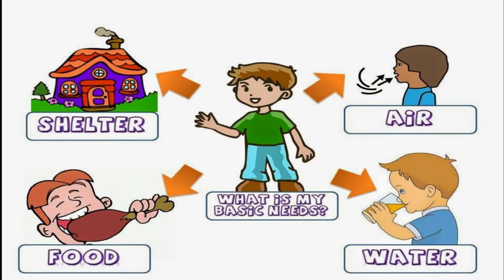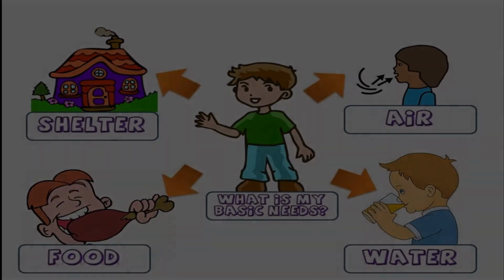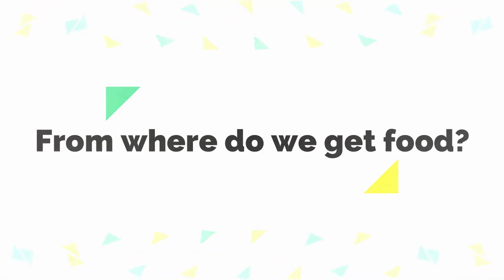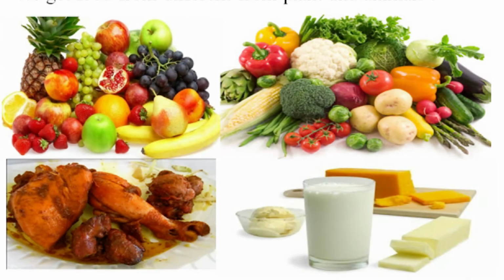Children, we all know that air, water, food, sunlight, shelter, and clothes are the basic needs for us to live. From where do we get food? We get food from plants and animals. Most of our food comes from plants.